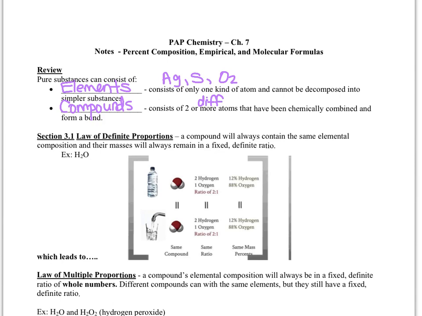So there has to be two or more different atoms, and they've been chemically combined either with an ionic bond or a covalent bond, either one. And so when they're chemically combined, they make a larger unit that we call a compound. So in this chapter, we're going to be focusing a lot on our compounds as our pure substances.